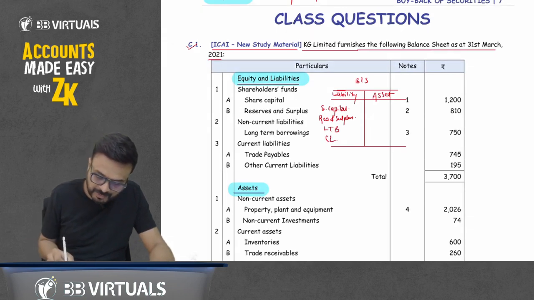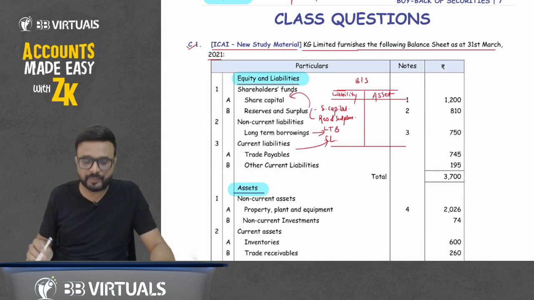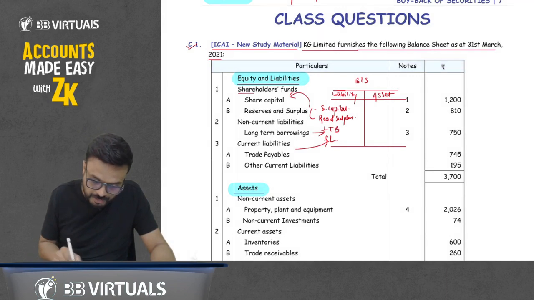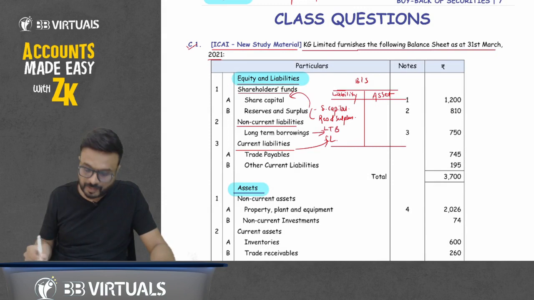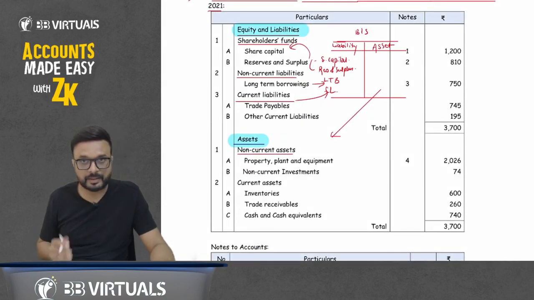You can see the share capital, reserve and surplus, then long-term borrowing and current liability, the same things on the liability side. But you write it like this: equity and liability, with the heading shareholders' fund, non-current liability and current liability. Now the asset side: non-current asset means long-term asset, property, plant and equipment.